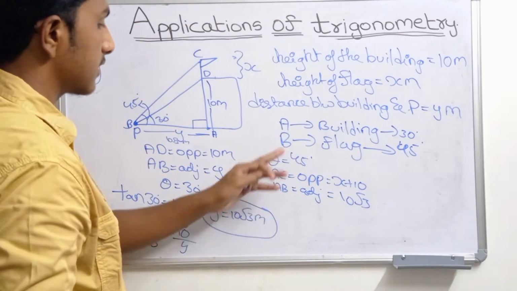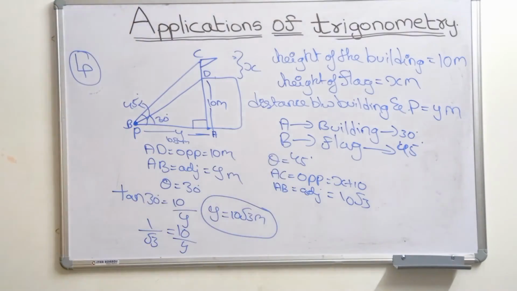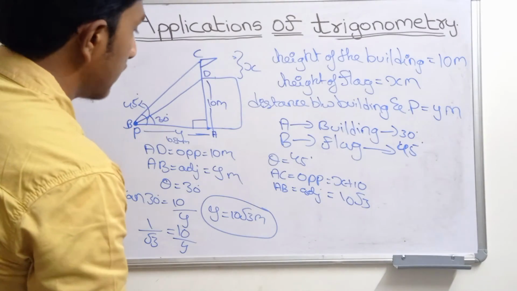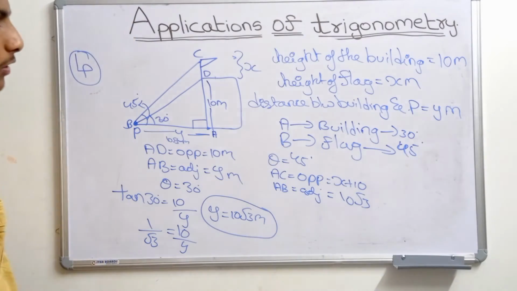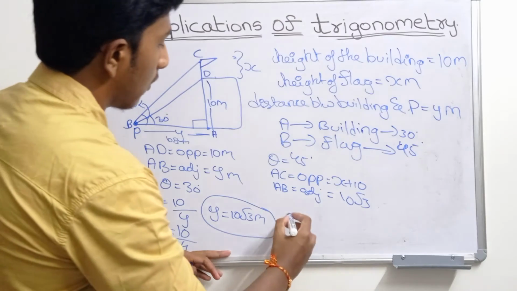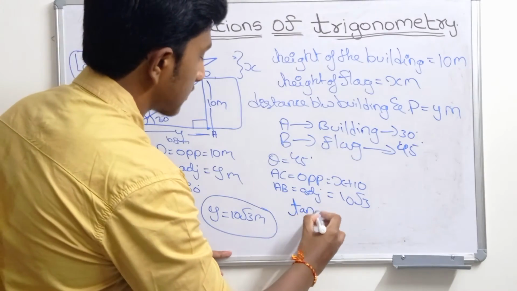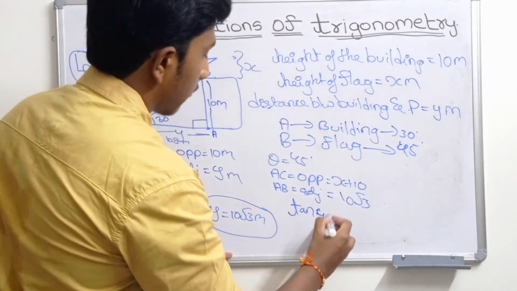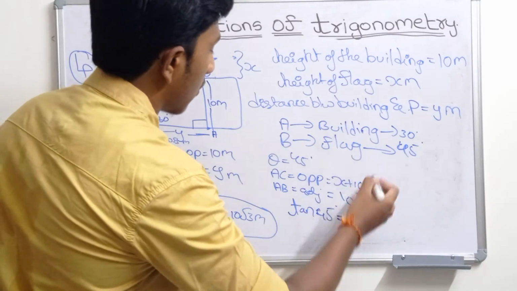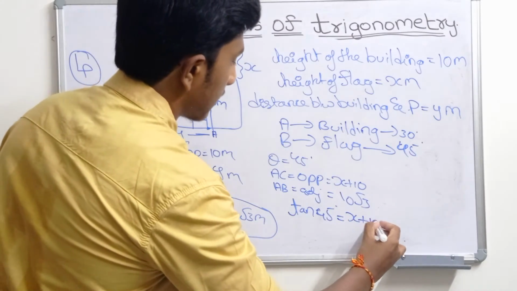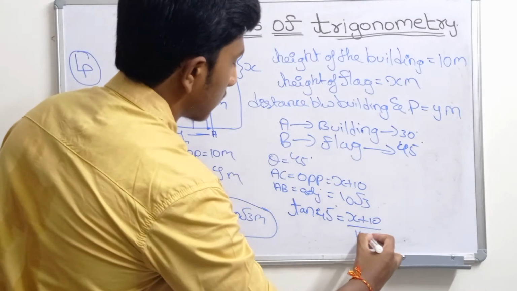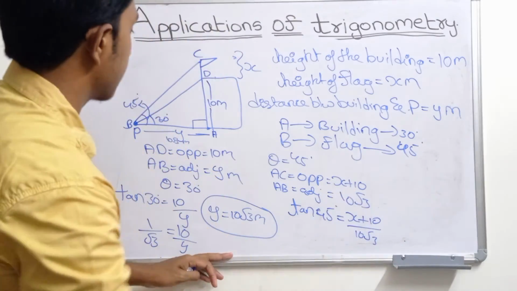If opposite and adjacent are considered, we always go with tan, because tan is equal to opposite by adjacent. Tan 45 degrees is equal to x plus 10 by 10 root 3.